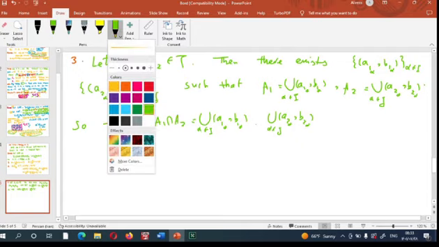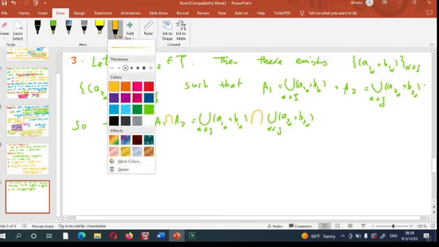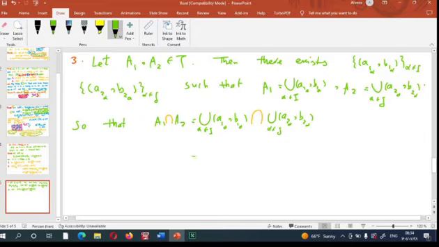Let me write this intersection by this, for example. And so this intersection equal to this, because A1 equal to this and A2 equal to this, and this is equal to this union.